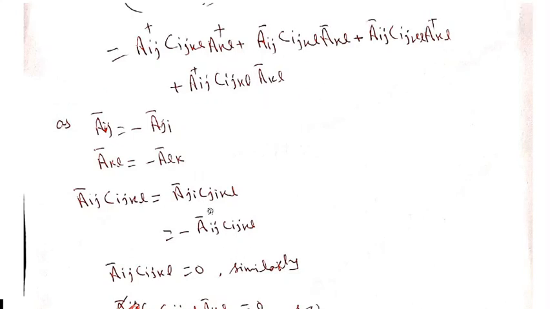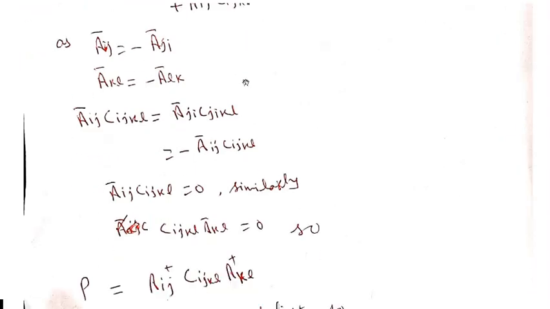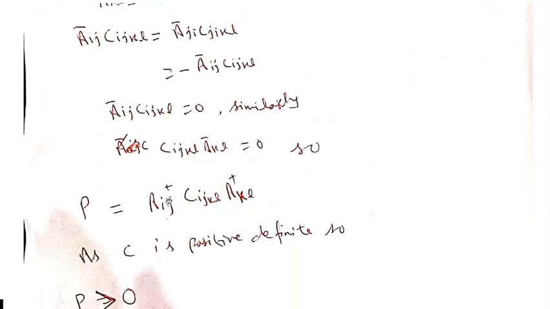So when you use these zeros in this equation, we have this p aij plus cijkl a plus kl. What does this mean? That we are left with only the symmetric part of a on both sides. This is the symmetric part, this is also the symmetric part.